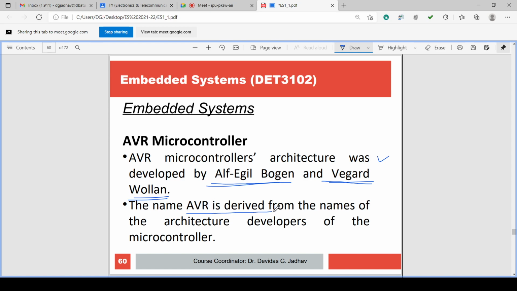The name AVR is derived from the names of the architecture developers.